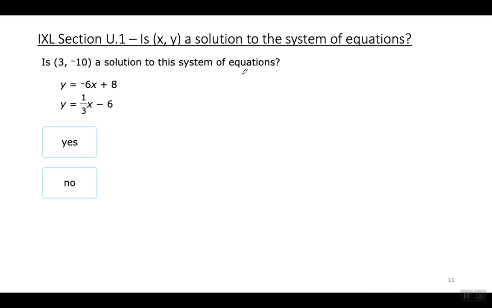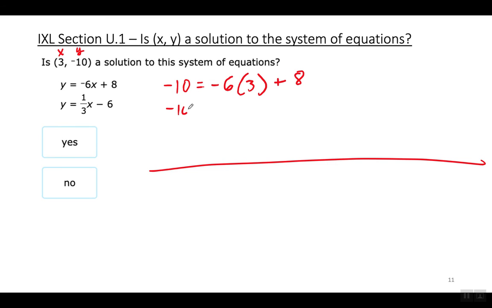All right, next example. Again, I'm going to substitute for x and for y. On the top, I'm going to have -10 equals -6 times 3 plus 8. So -10 equals -6 times 3, which is -18, plus 8. And -18 plus 8 is -10.